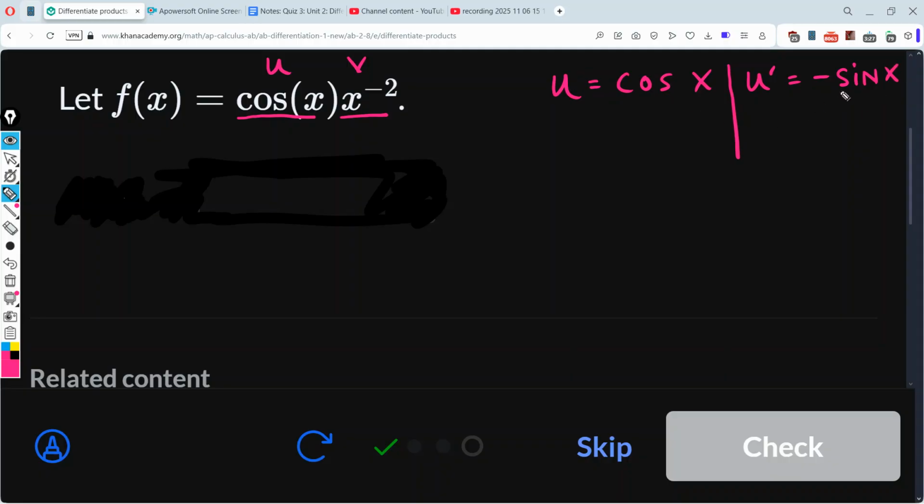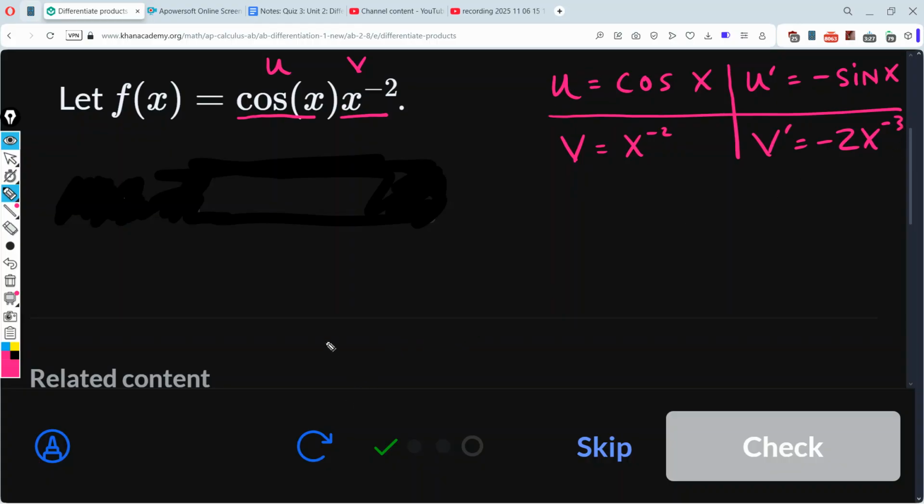Derivative of cosine is negative sine. And v is going to equal x to the negative 2. And v prime, you move the negative 2 out front, so it's going to be negative 2x, decrease the exponent by 1. Negative 2 minus 1 is negative 3.